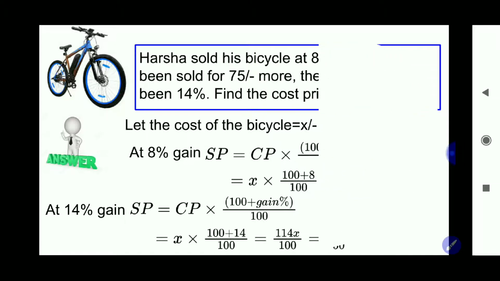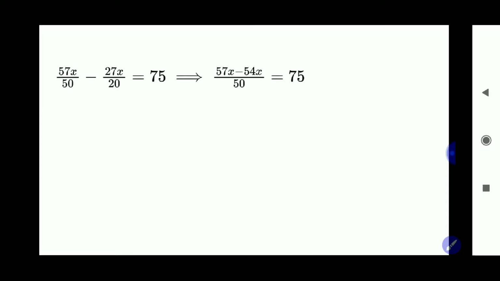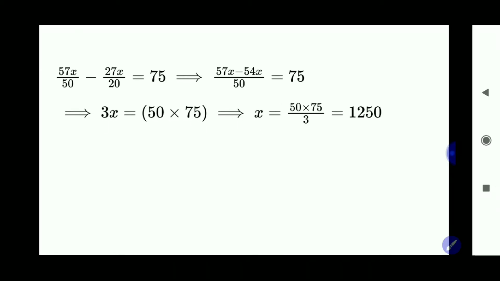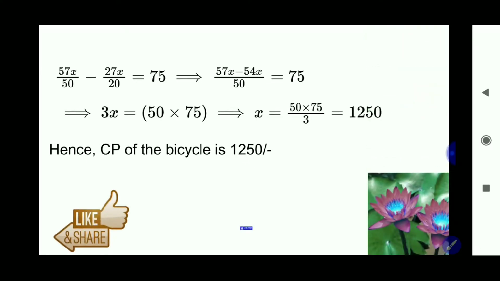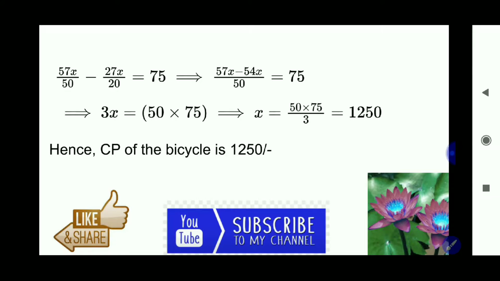The difference is 75 rupees. So, 57X by 50 minus 27X by 25 is equal to 75. By simplification, we get the answer X as 1250 rupees. Hence, CP of the bicycle is 1250.